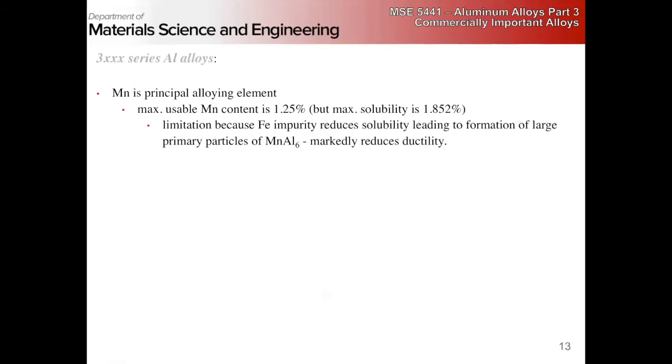3000 series alloys are very important, with manganese as the principal alloying element. The max manganese is typically 1.25%, which is less than the max solubility. This limitation is really because the iron impurity reduces the solubility, giving us large MnAl6 particles, which are going to reduce ductility, if we put in manganese closer to the solubility limit.